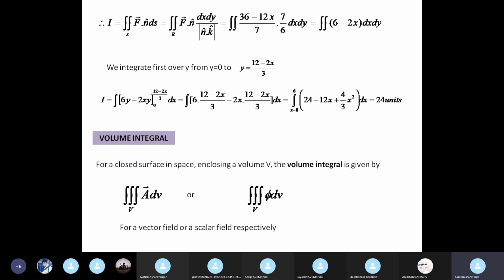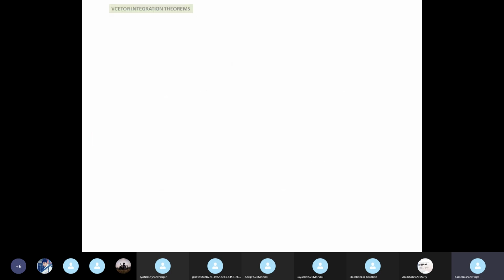All right, so we will straight away move to the vector integration theorems, which are very important as a basic tool which you learn in your vector analysis class in the first sem and then use in several other areas of physics, electrostatics, magnetostatics, quantum mechanics, as you move to your higher semesters.